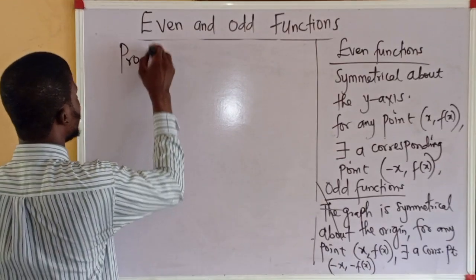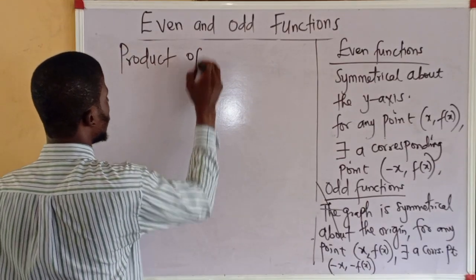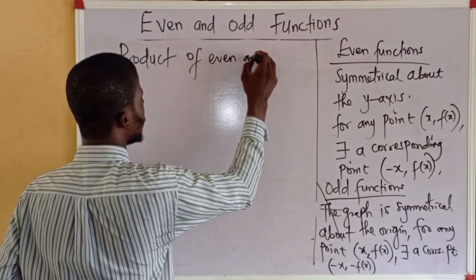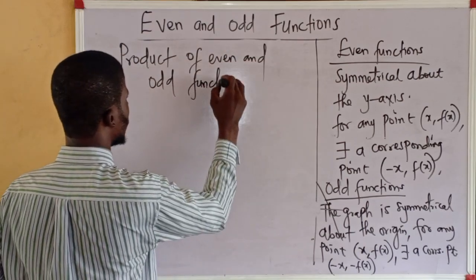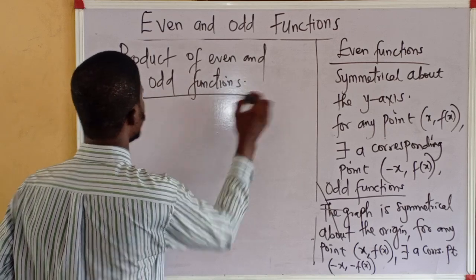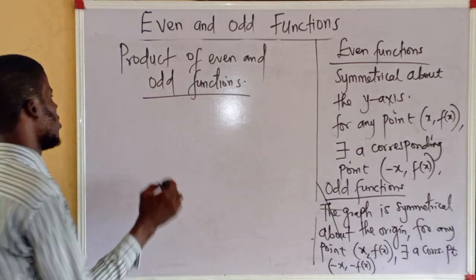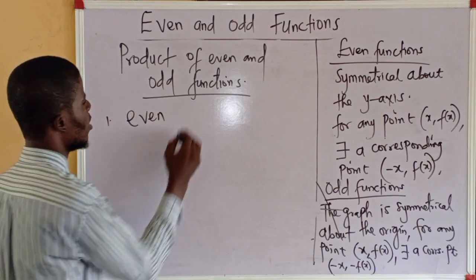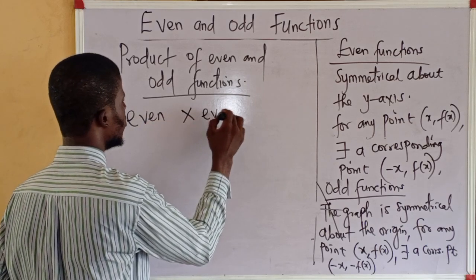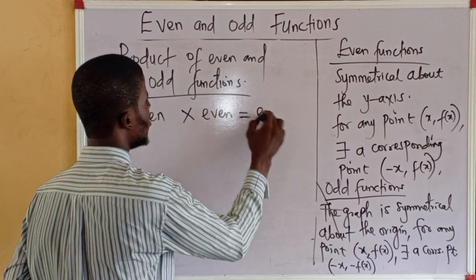Okay. Product of even and odd functions. This is it. If you multiply an even function by an even function, the result is an even function.